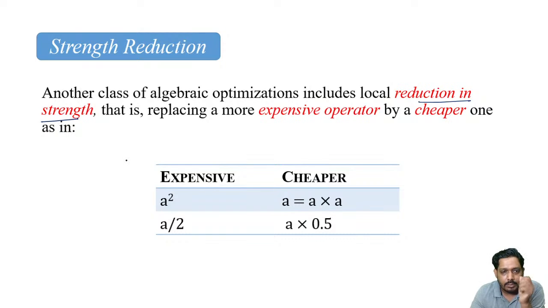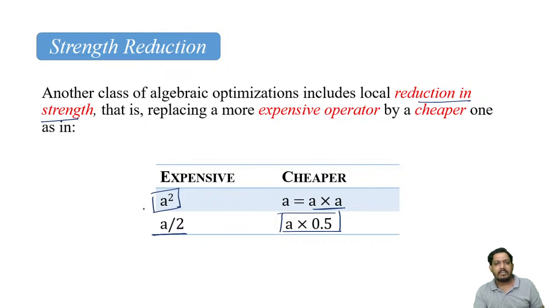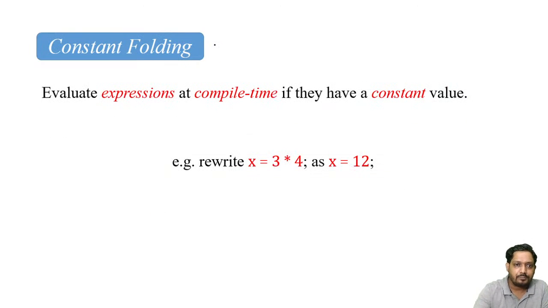High cost operation with the cheaper operation। तो जो the algorithm for exponentiation, a square can be replaced by multiplication, division can be replaced by multiplication. So these are expensive operations and we can replace them by the cheaper one, and that is your strength reduction.